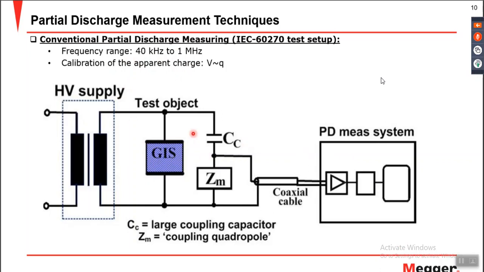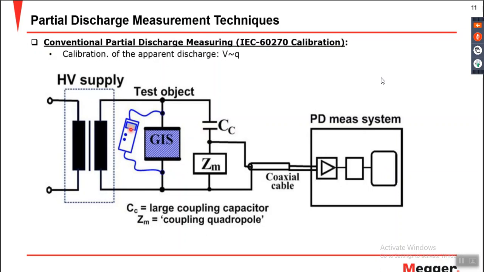Let us give an example: whenever you have a pulse generator which can simulate the 5 pC discharge, which is the limit for gas insulated switchgear, you can inject the charge at the terminal of the test object, and you can see the same amount of charge generated by the pulse generator on your measuring system.